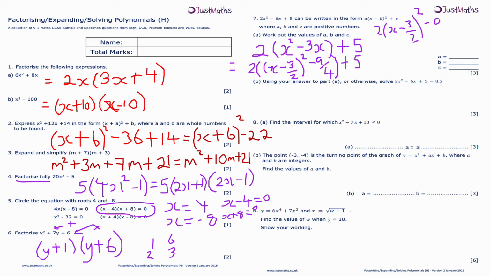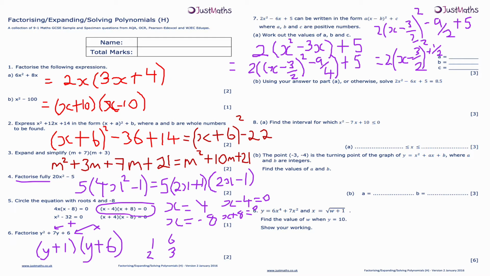I'm going to have 2 lots of x minus 3 halves all squared, and then minus 9 halves plus 5, which is equal to plus a half, because minus 9 halves is the same as minus 4.5. Minus 4.5 plus 5 gives me positive 0.5, or just plus a half. So the value of a is 2, the value of b is 3 halves, and the value of c is equal to 1 half.